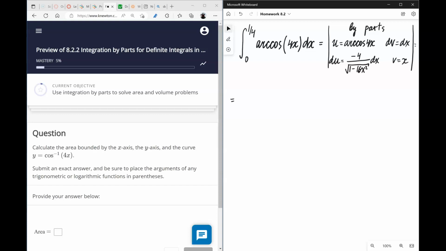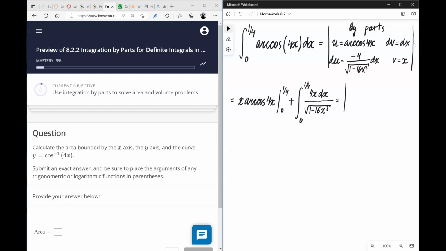So here we get uv, so we have x arc cosine of 4x evaluated at 0 and 1/4 minus integral, so minus becomes plus, integral of v du. So it's going to be 4x dx divided by square root of 1 minus 16x squared. And the limits of integration are from 0 to 1/4.